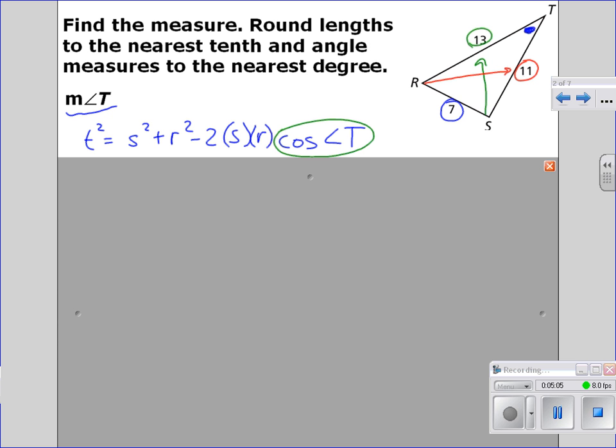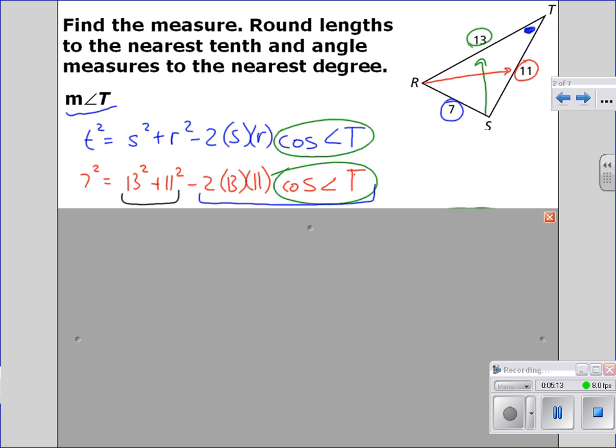That's why it's circled in green. Everything else in that formula, I'm going to be able to just plug right in. So 7 squared equals 13 squared plus 11 squared, minus 2 times 13 times 11 times the cosine of angle T. So angle T is unknown.